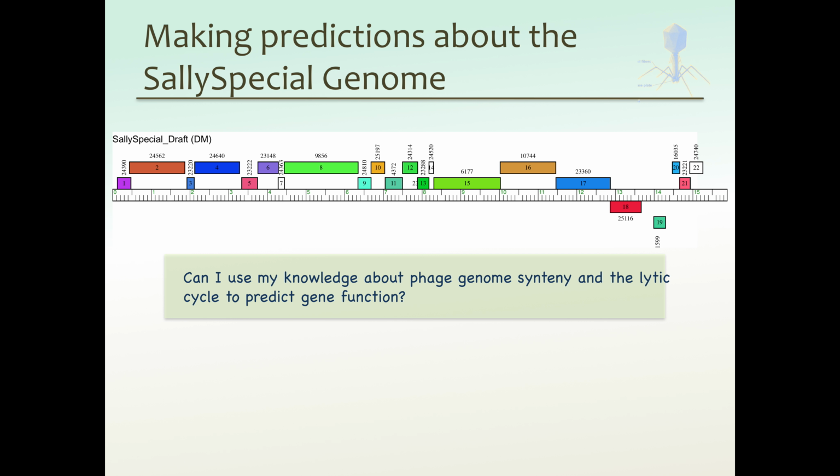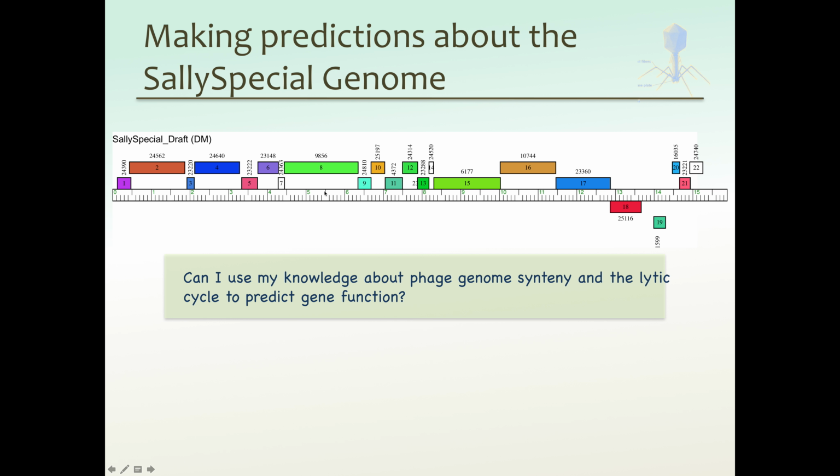In the next two lectures, I want to make sure you understand the fact that phage genomes typically have certain genes that are more or less always in the same position and in the same order. This is particularly true in the structural genes, which are highly conserved.